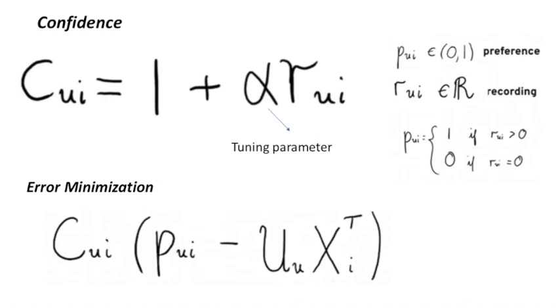So here, that is why we bring in the factor confidence, and we add a constraint over here, 1 plus a tuning parameter alpha times the recorded data. Right. So making use of this, we come out with that error minimization value. So this is how the loss is minimized for the implicit data.